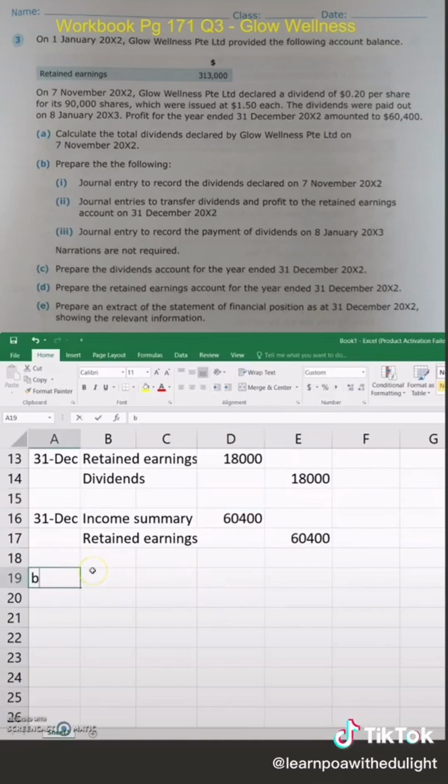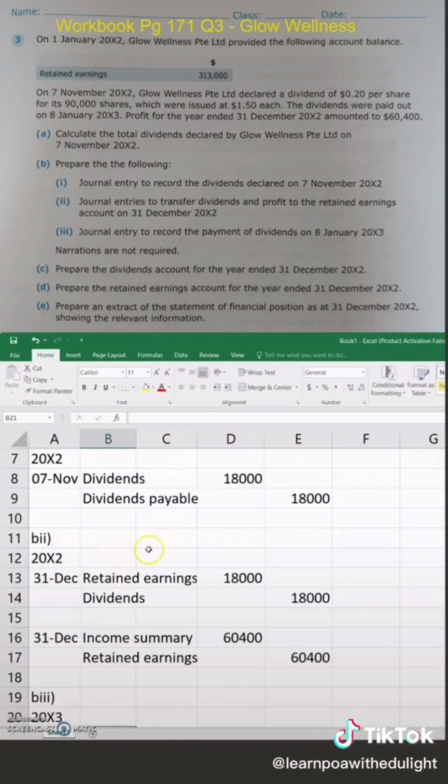Now part B3, the general journal to record the payment of the dividends on 8 January 20x3. So on 20x3, 8 January, remember the dividends payable previously over here? It is a credit balance that I will bring down to the next financial year.